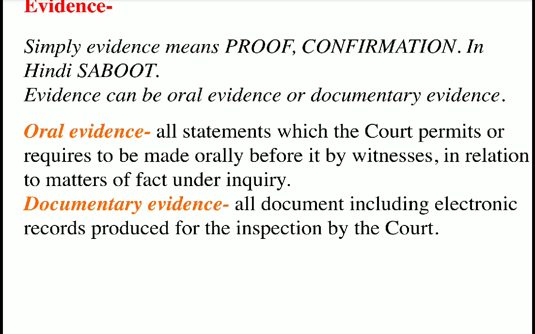And documentary evidence means all documents including electronic records produced for the inspection by the court. So evidence can be divided into two parts, that is oral evidence and documentary evidence. Oral evidence is all those statements which the court permits or requires to be made orally before it by witnesses in relation to matter of fact under inquiry.